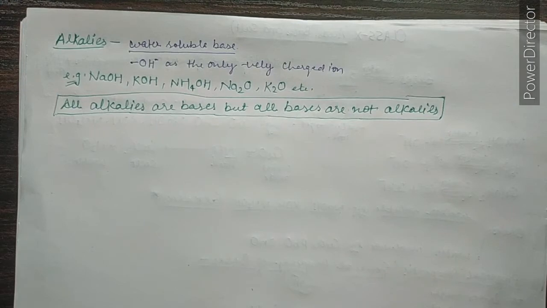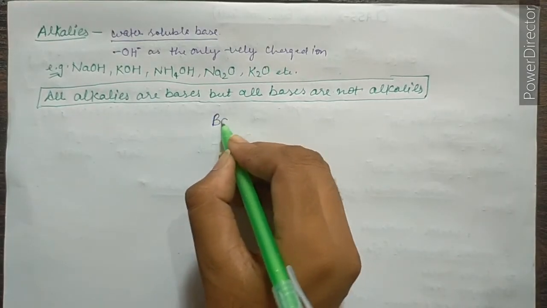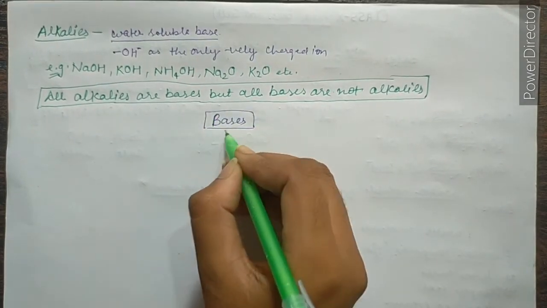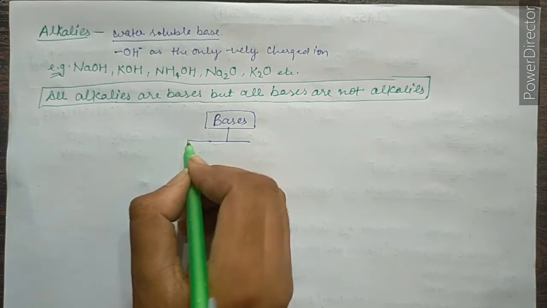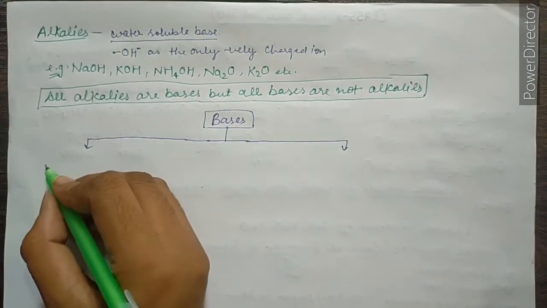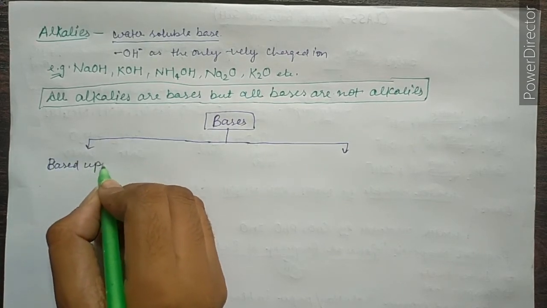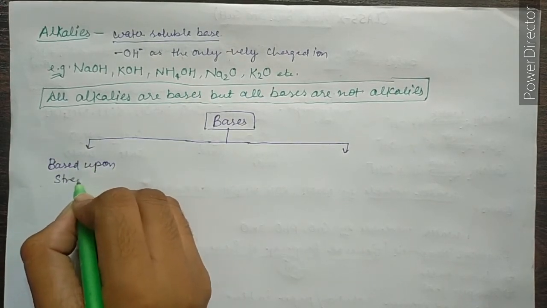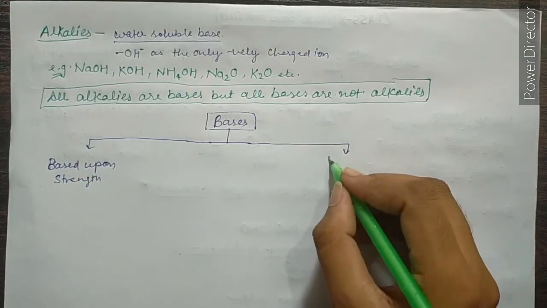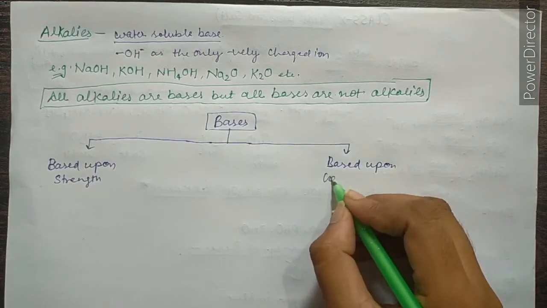Okay, now we are going to talk about the next topic, that is classification of bases. Mainly bases are classified in two ways. First, based upon strength, and second one based upon concentration.